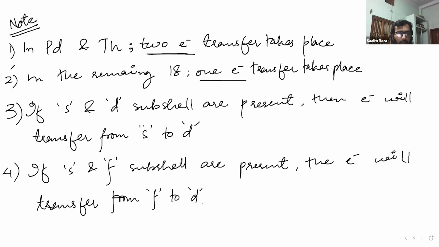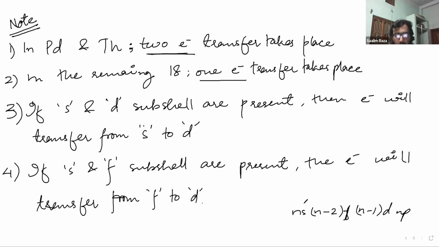You just have to remember these 4 points and the two mnemonics. S and F subshell will be present somewhere, because if you remember the sequence, how do we write it? ns, (n minus 2)f, (n minus 1)d, np.